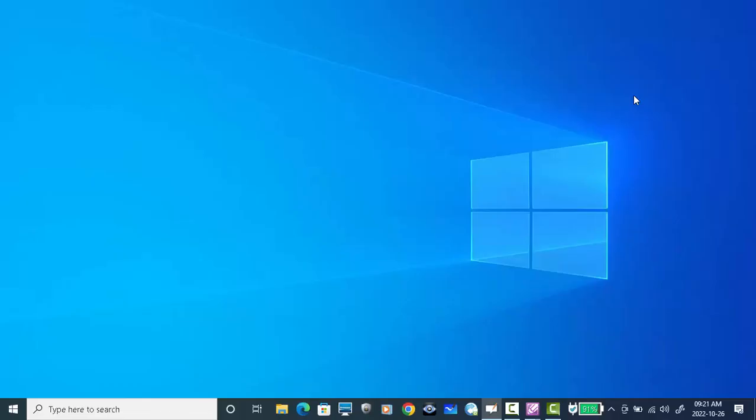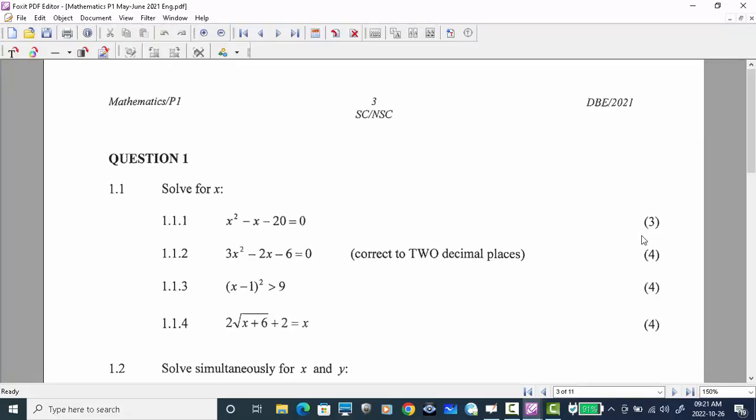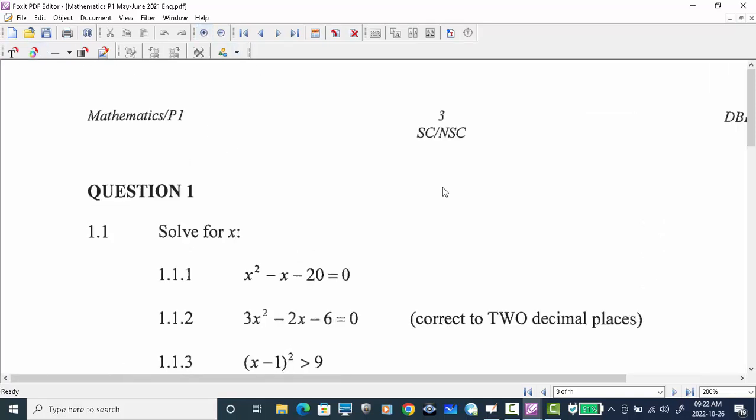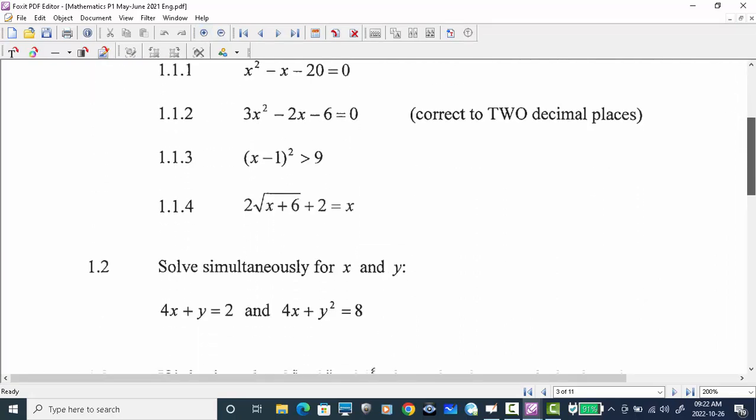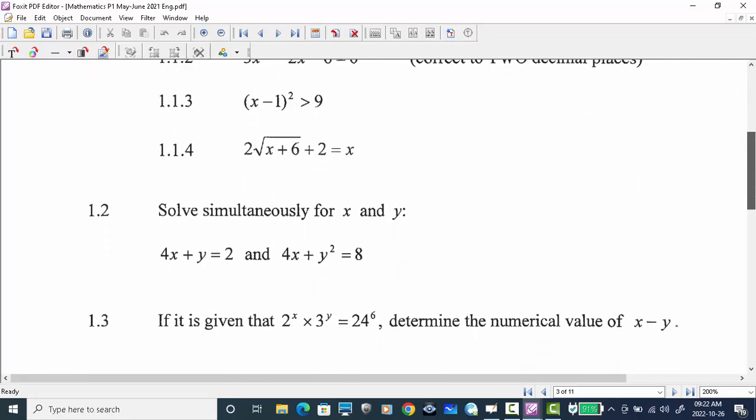Try out these questions here to see if you understand what we're talking about. Now you can complete this question, which was asked in May, June 2021. Please work it out to see if you understand it. It goes like this. Finish it now before you go to question 2.